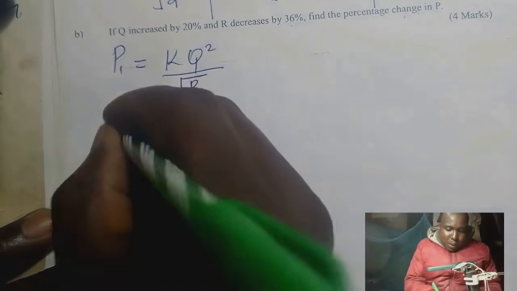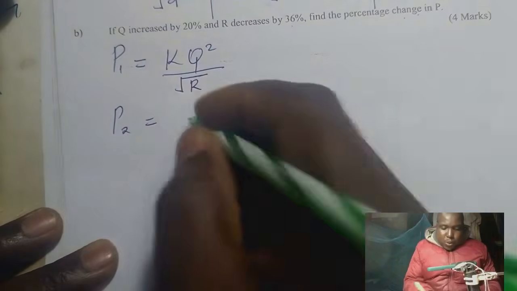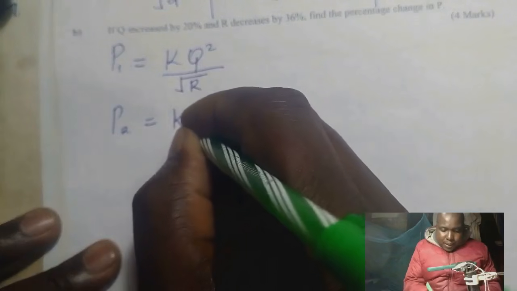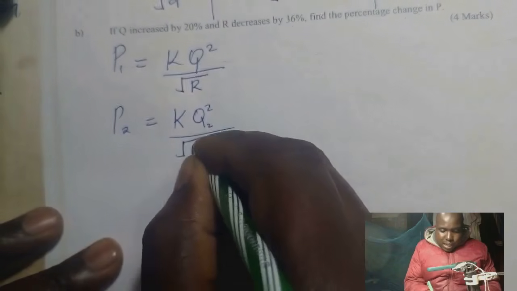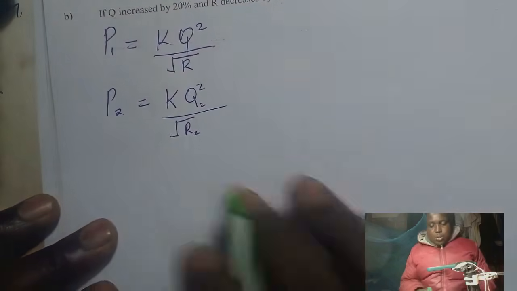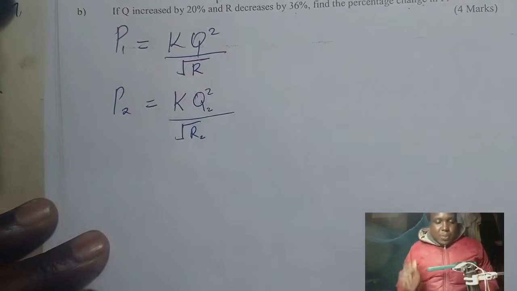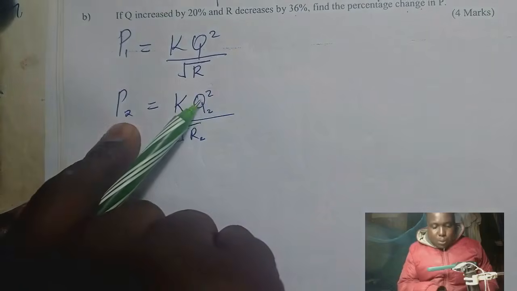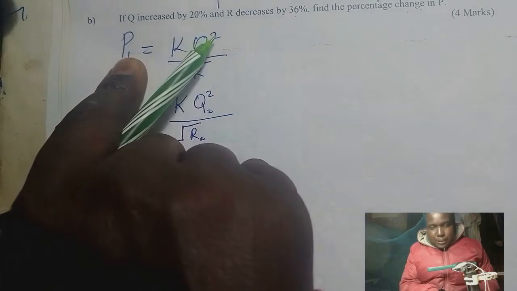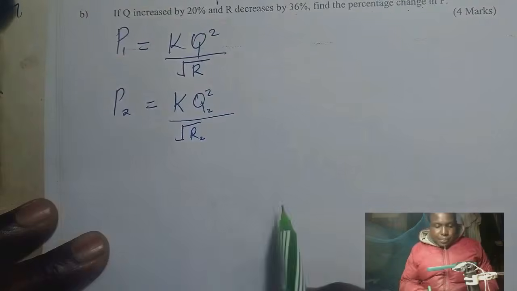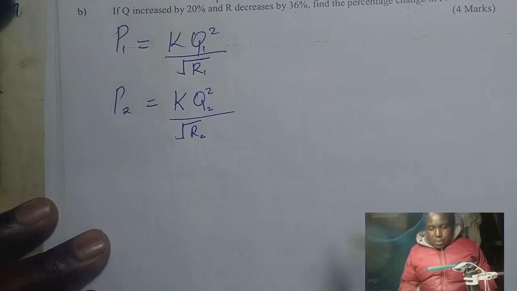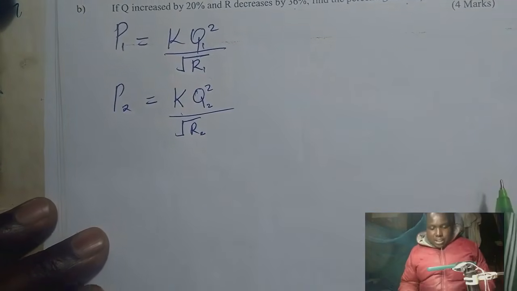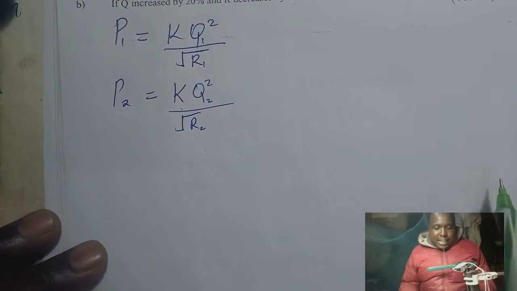So we will have now our P2, which is going to be k Q2 squared over the square root of R2. This one is going to be after increase, while before increase is P1, right? The constant does not change.